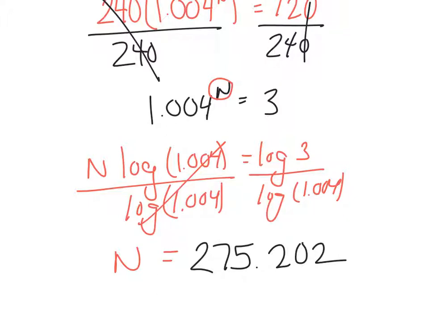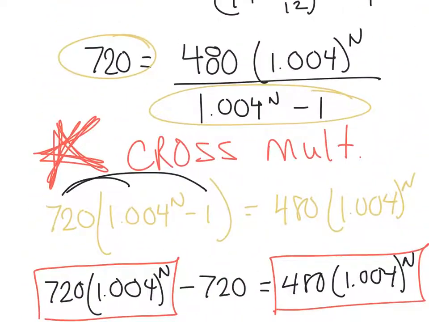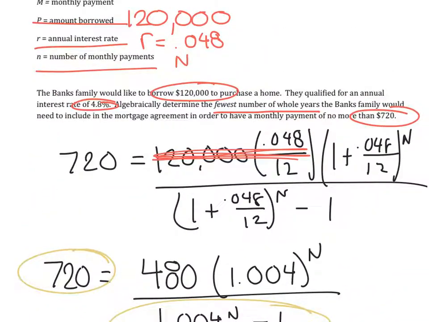Now you might be thinking that's kind of an absurd answer because the question said, if I recall through all this math, what is the fewest number of years? So you're telling me it's going to take this family 275 years to pay this off? Well, I'm not saying that, because if you look back, n is the number of monthly payments.